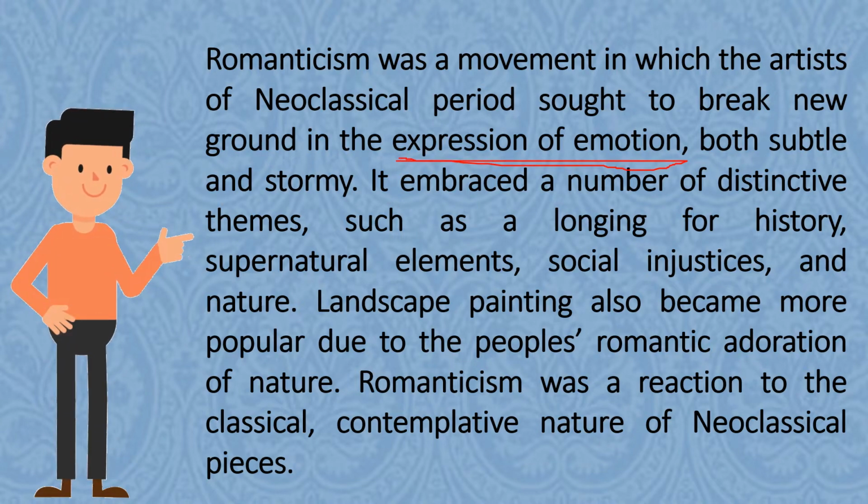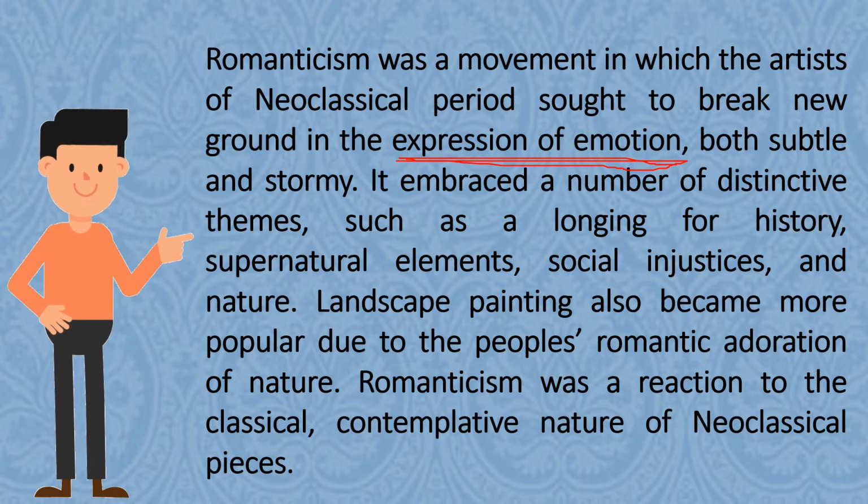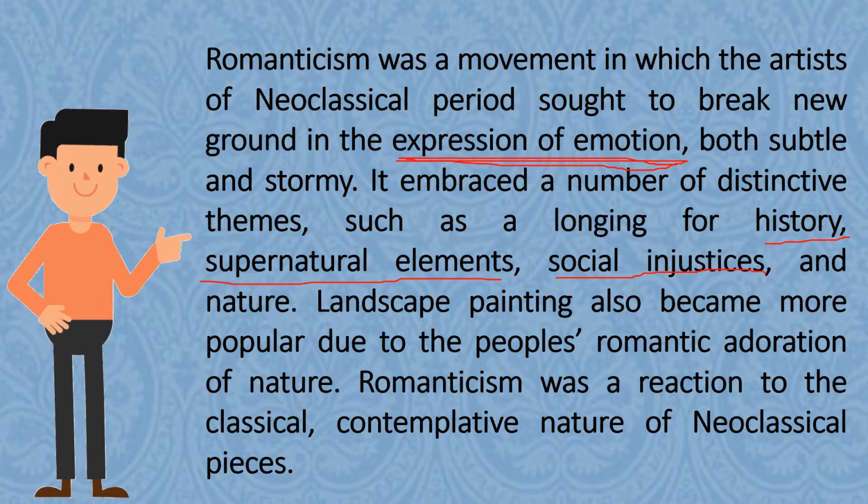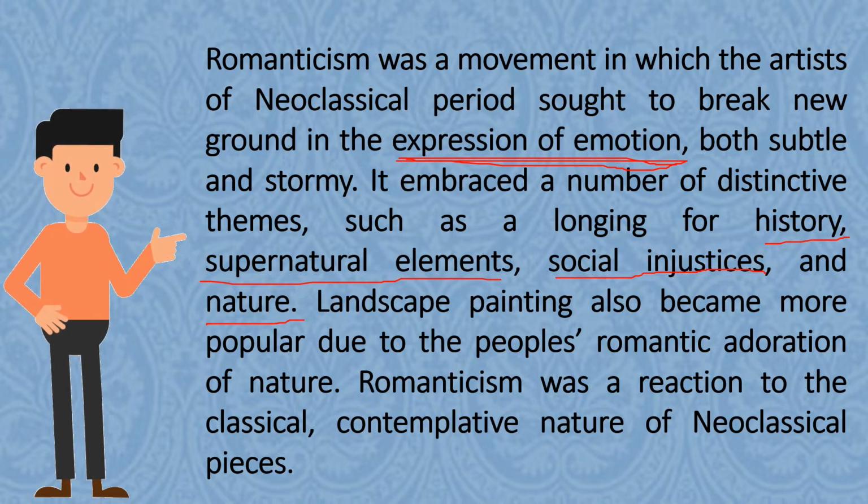We have here the word expression of emotion. So both subtle and stormy, it embraced a number of distinctive themes such as longing for the history, supernatural elements, social injustices, and nature.